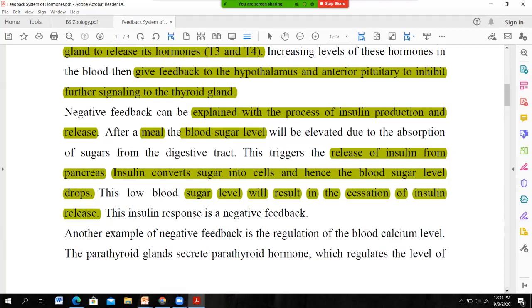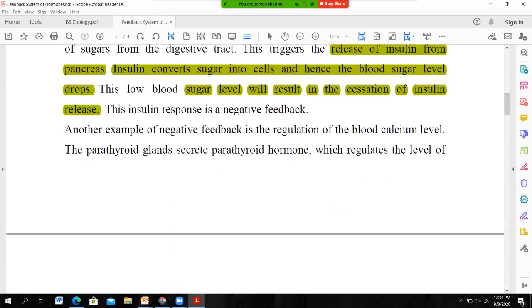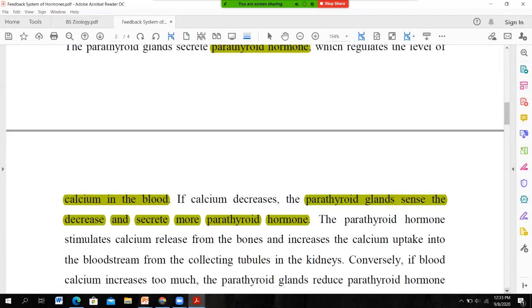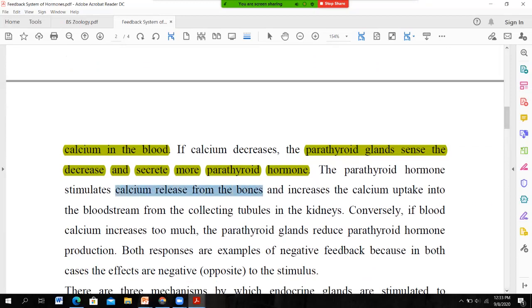Another important example is the regulation of blood calcium level. The parathyroid gland secretes parathyroid hormone, which regulates the level of calcium in the blood. If calcium decreases in the blood circulation, the parathyroid gland senses the decrease and secretes more parathyroid hormone. The parathyroid hormone stimulates calcium release from the bone and also increases calcium uptake into the bloodstream from the collecting tubules in the kidney.